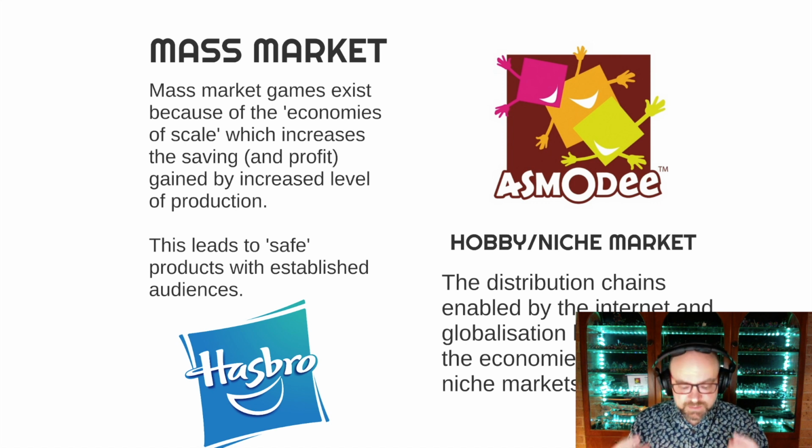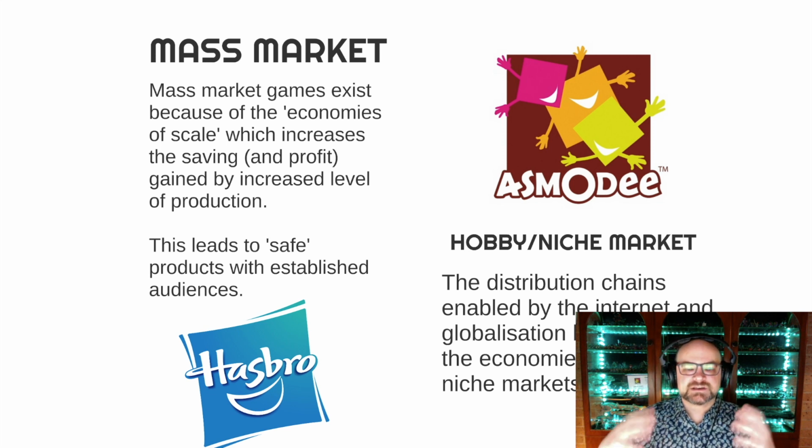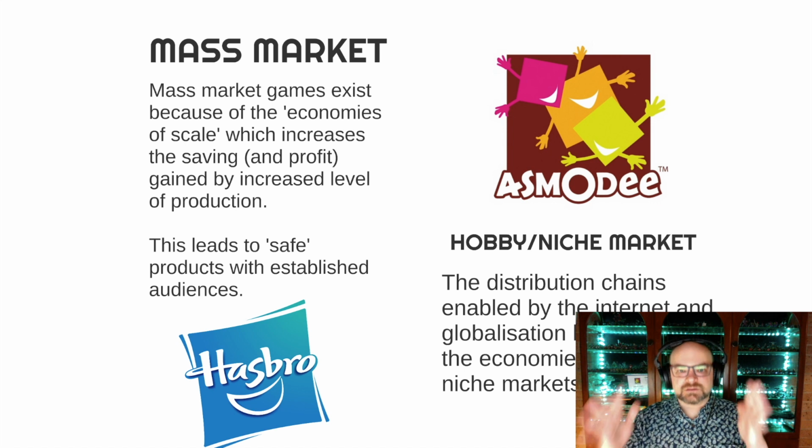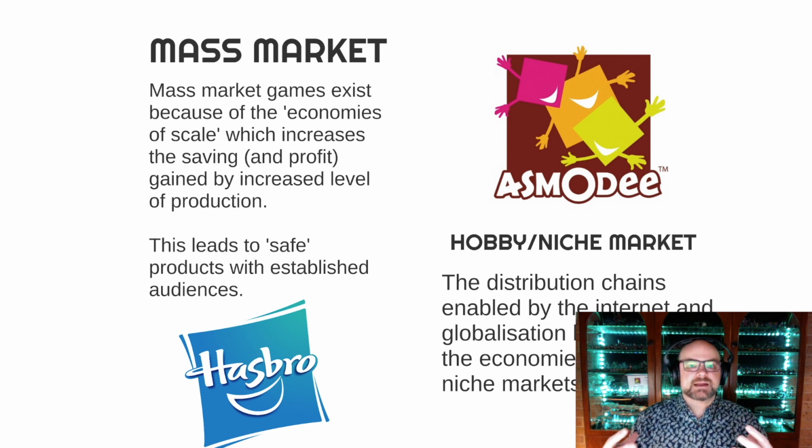It was able to start buying up lots of smaller game publishers because it had a very profitable global distribution chain. It had the bricks and mortar, it had the wheels and the boats, and that meant that they could invest in content, and that meant buying up publishers like Fantasy Flight Games.